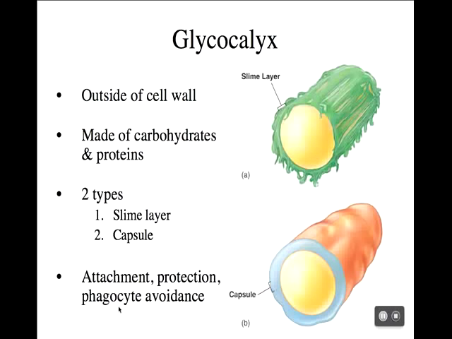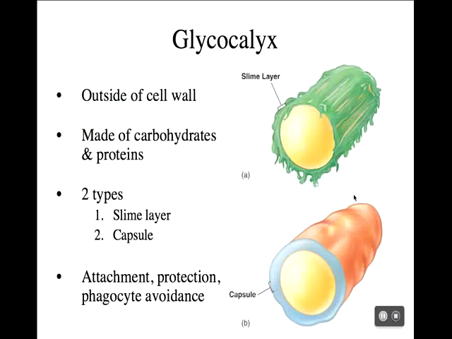Now, there are a couple of different kinds of glycocalyces. Two different types here, what's called a slime layer you're seeing on top versus a capsule you're seeing on the bottom. Now, really it's the same thing. Both the slime layer and the capsule are made up of carbohydrates mainly and some proteins. It's exactly the same thing.